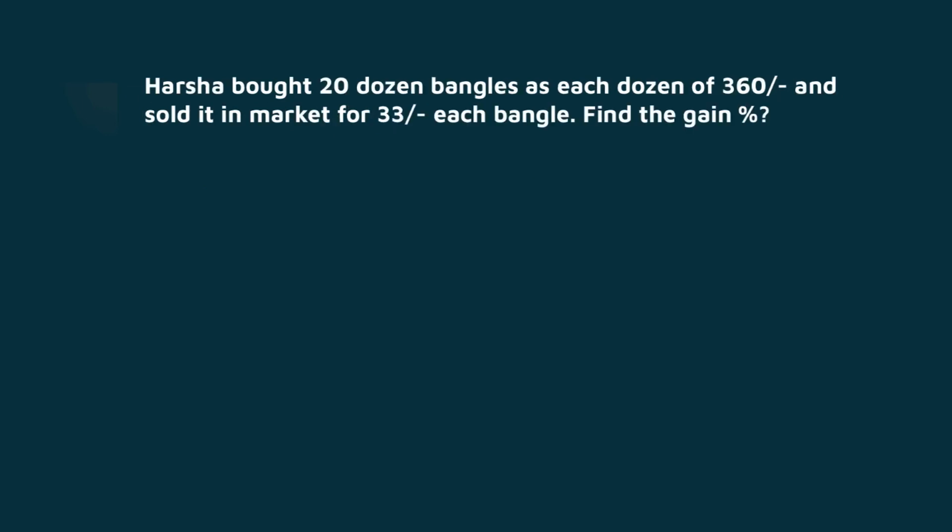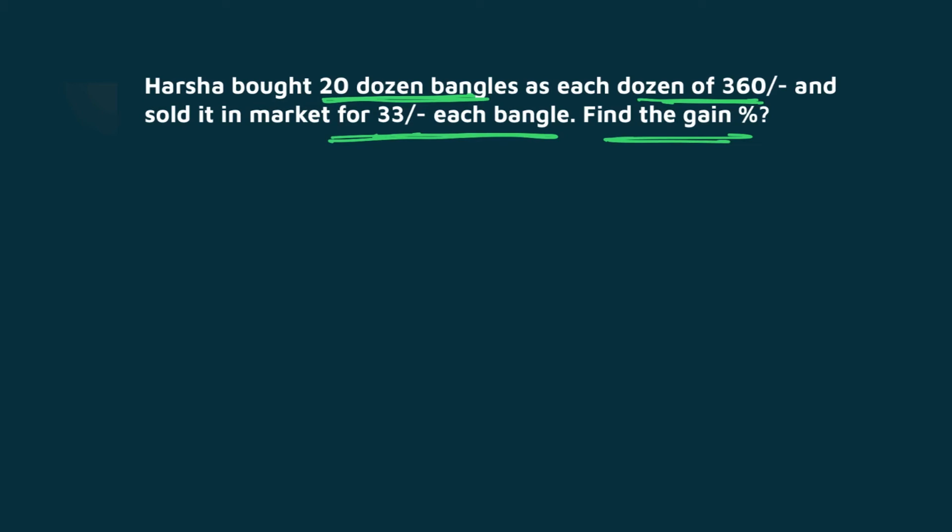Next question. Harsha bought 20 dozen bangles at 360 rupees for each dozen and sold them in the market for 33 rupees each bangle. Find the gain percentage she got. So it is clear that Harsha bought 20 dozen bangles and each dozen cost 360 rupees.